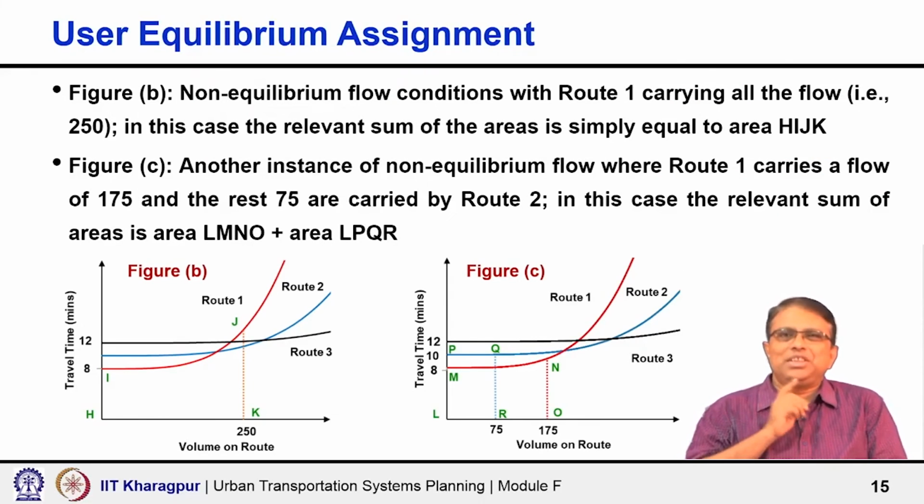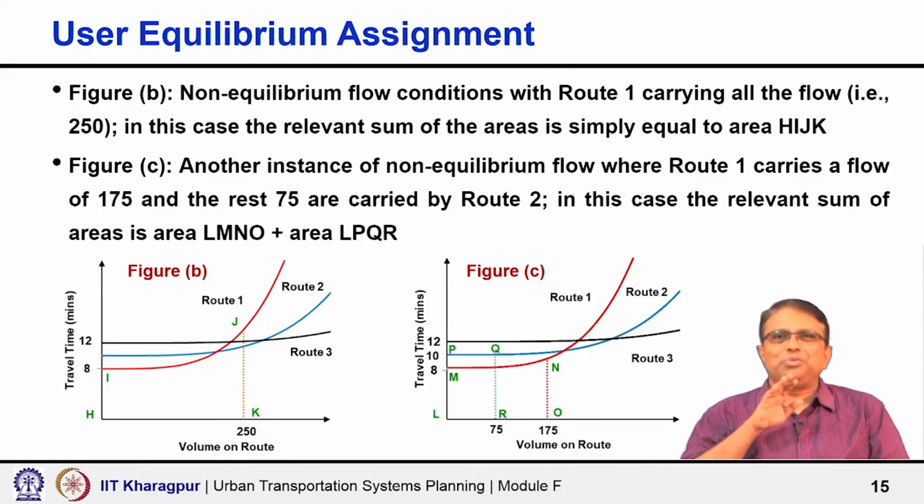So, except the first one, optimal one, any other possible distribution you take, route 1, route 2, even something on route 3, you will find the total area under the curve will be higher than what you are supposed to get for figure A. So, you know that figure is optimal, because any other solution is not equilibrium, because you will be left with an alternative where you can reduce your travel time further.